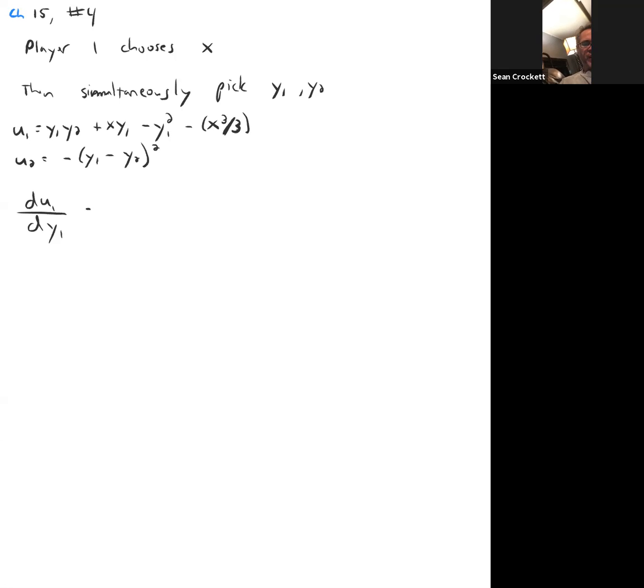So this derivative is equal to his guess of y2 plus x, which he already knows because he picked it in the first period, minus 2y1, and then the minus x to the third divided by 3 falls out because it's just a constant. And the second derivative of this thing is just -2, which is negative, so it's a concave problem. And we let that be y1 star.